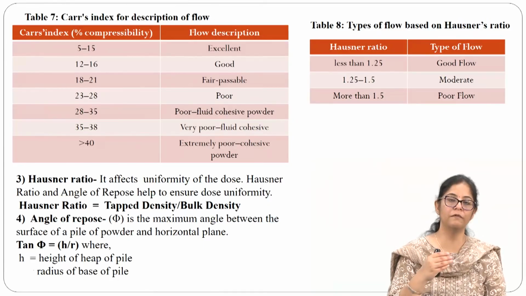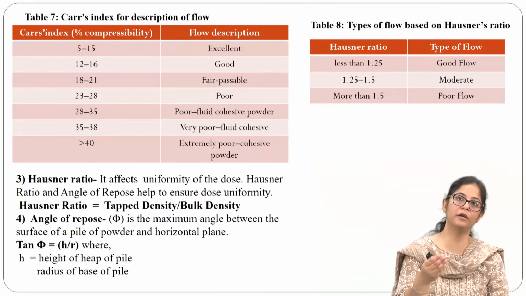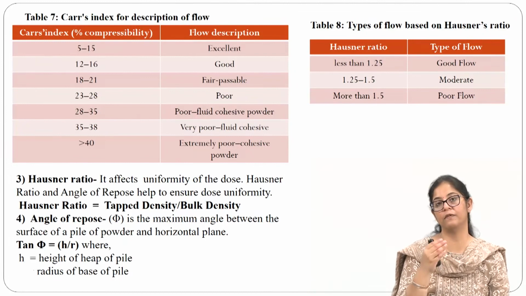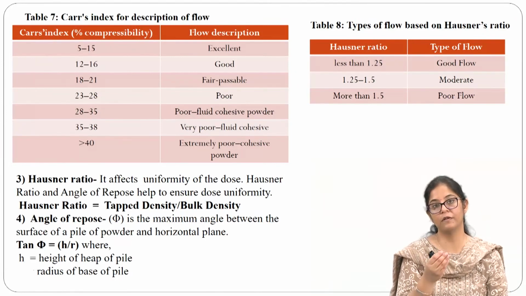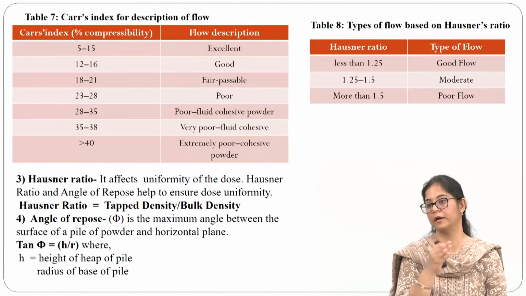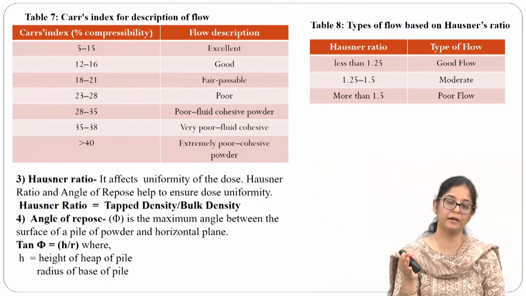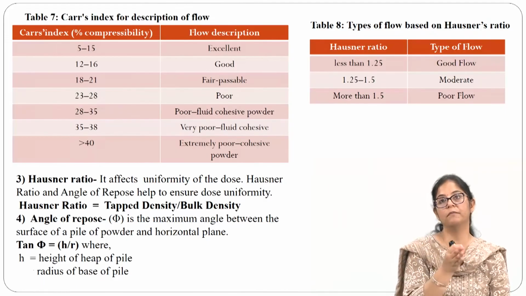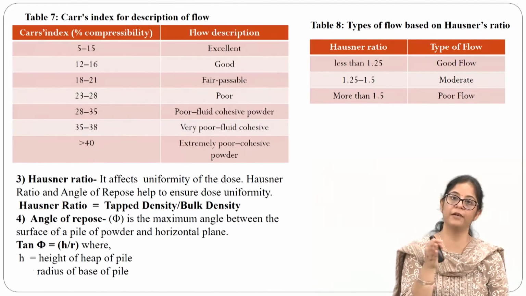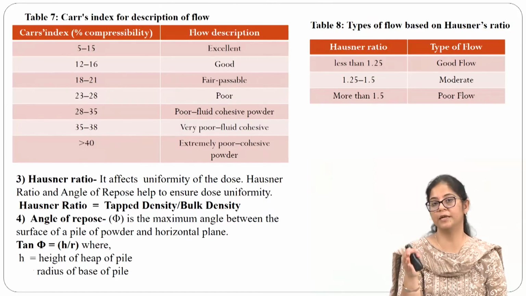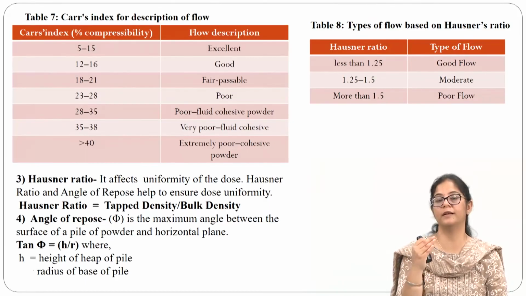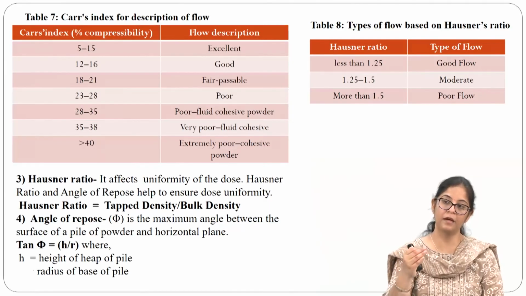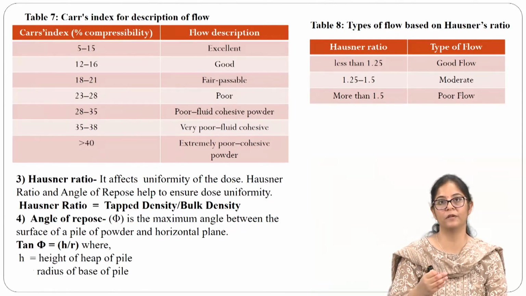So a poor flow material can be brought into a passable or a good flow range by adding the additives or by changing the process of its size reduction, like we can go from simple milling to spray drying, which helps in getting us globular particles. So the processing as well as the type of excipients which can be used can be determined, and they can facilitate the scaling up as well as the formulation development process.